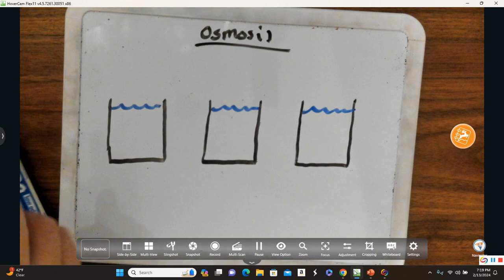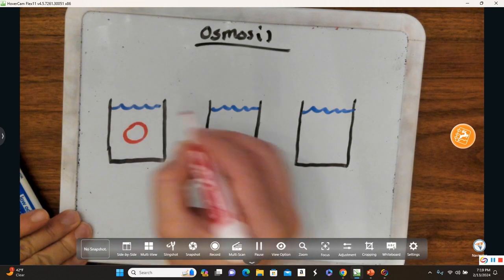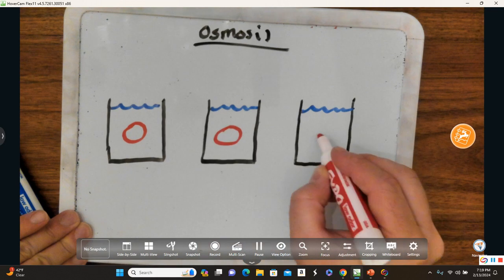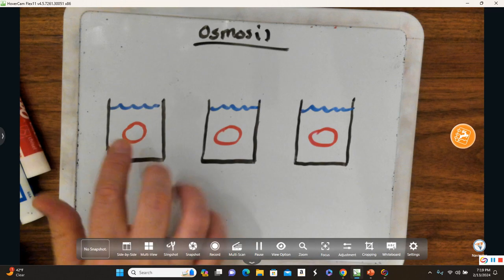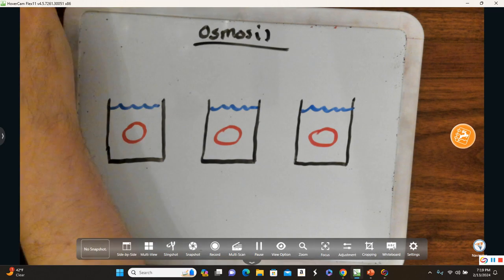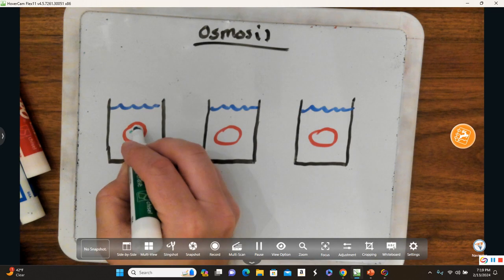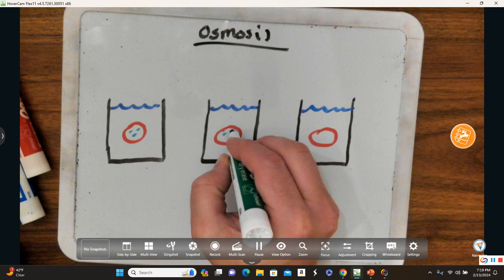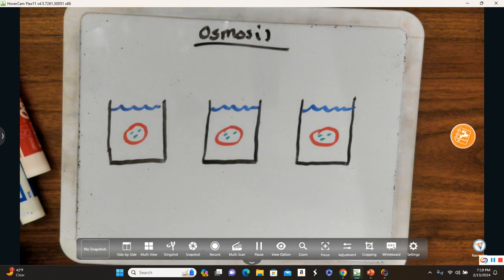And in this water, I place a little red blood cell. So we have a cell in here. Now, this cell is floating around in this water. This cell has got some solutes in it. Let's say it's got these 3 solutes in it. And the cell is the same because cells maintain homeostasis, basic cell theory.